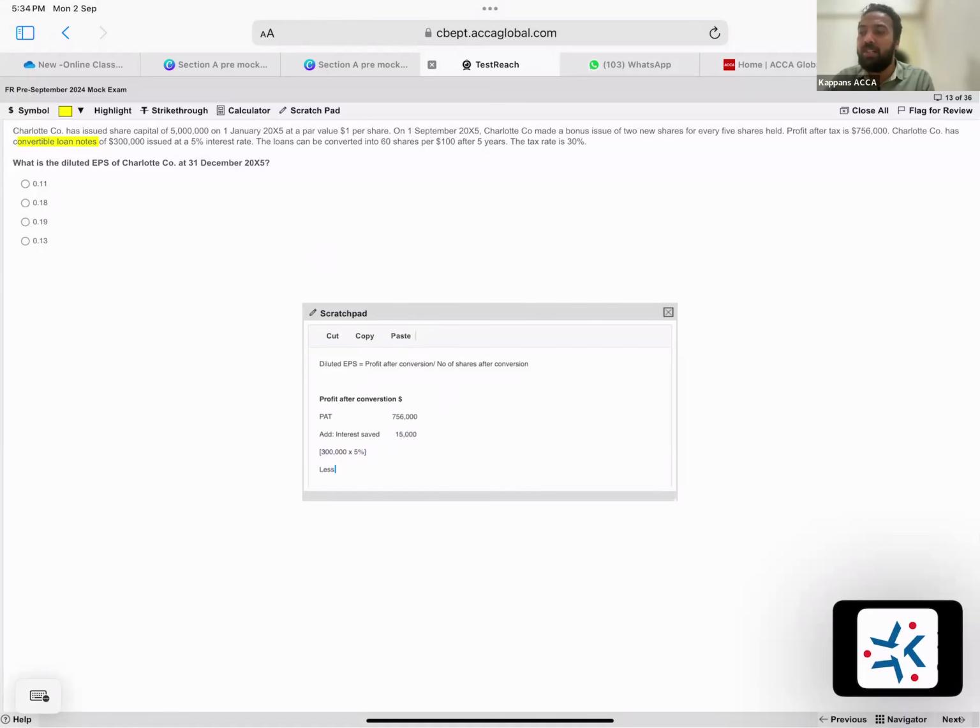But when interest saves and the profit increases, there will be tax to be paid on interest savings. So tax on interest saved is equal to 15,000 multiplied by 30%, 4,500.